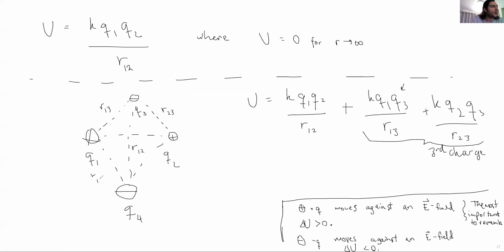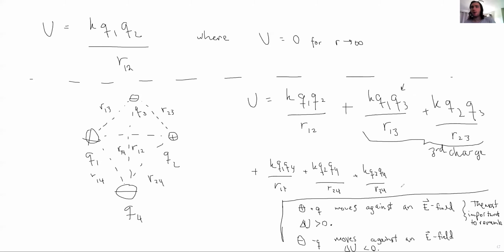We have a distance of R14 here, a distance of R34 here, and a distance of R24 here. So we're going to have to add in three more terms, K, Q1, Q4 over R14 plus K, Q2, Q4 over R24 and plus K, Q3, Q4 over R34.